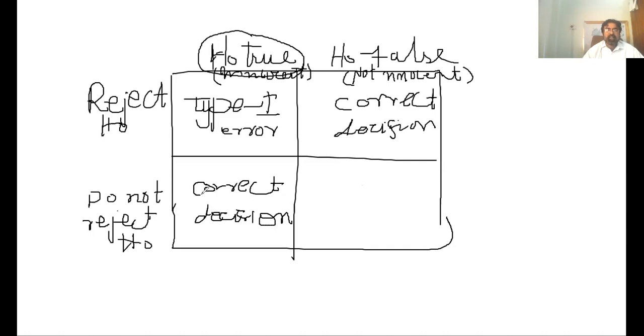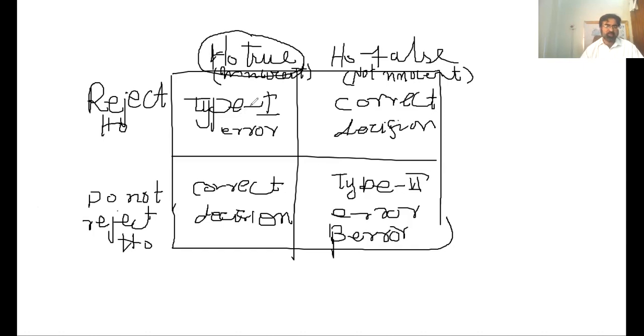And here, if the null hypothesis was false and you do not reject it, you commit a type 2 error, which is also called the beta error. This is beta. So, beta error. Now let me give you an example.